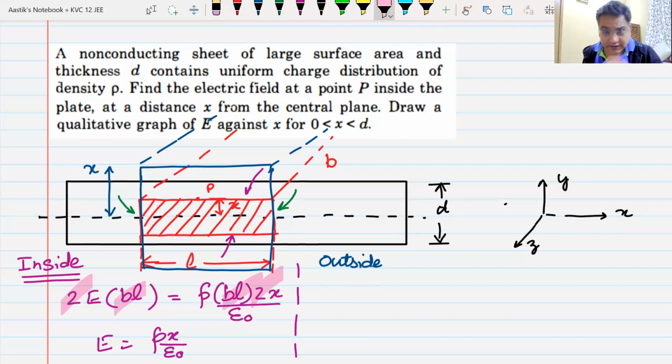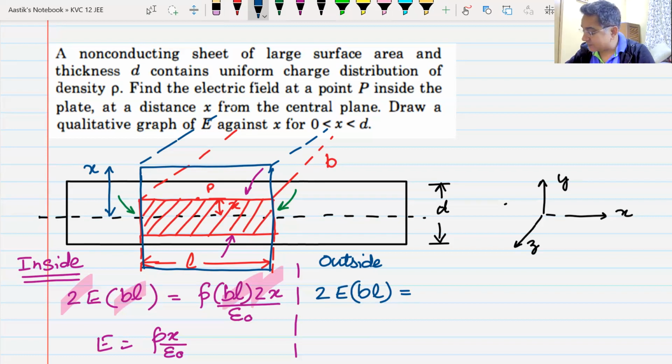Okay, I'm taking it for a point outside. I forgot that D was the thickness of the slab. Now, the flux, the outside surface area is still B multiplied by L. So the flux still remains 2 times E into B into L. But the enclosed charge is not enclosed up till the point X. The enclosed charge will only be coming in this green zone.